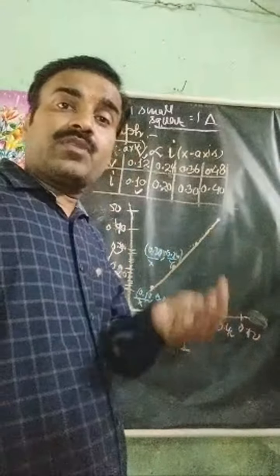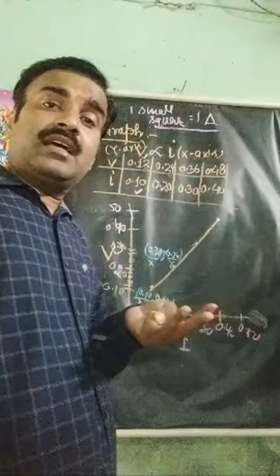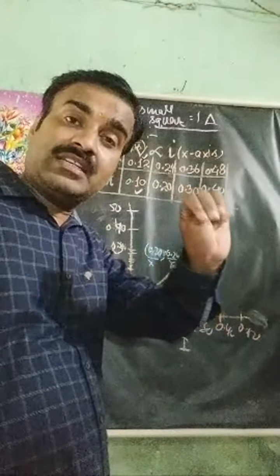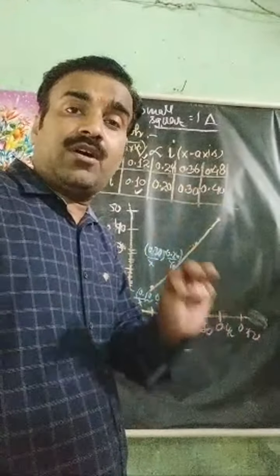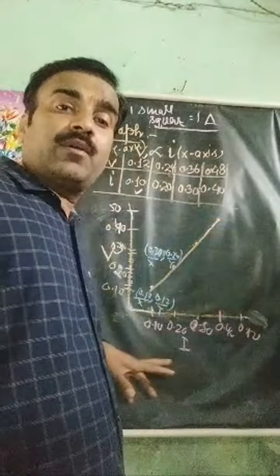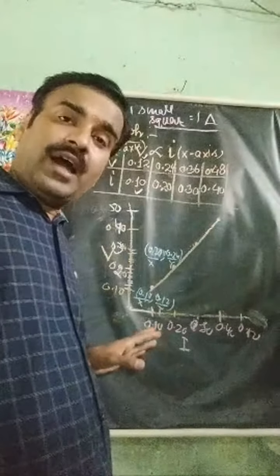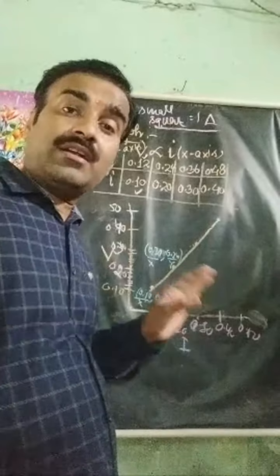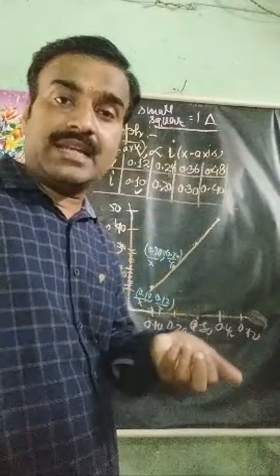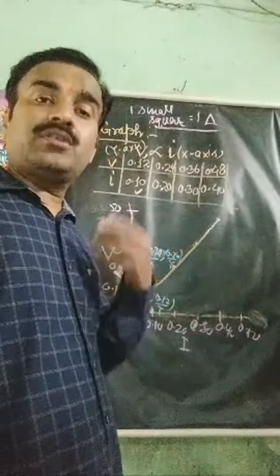Third thing, you have to see whether it is mentioned in the question paper or not to draw the graph from the origin. Suppose it is not mentioned, you need not start from the origin.